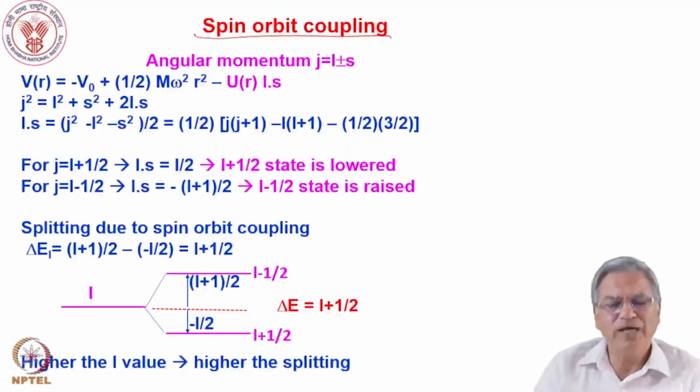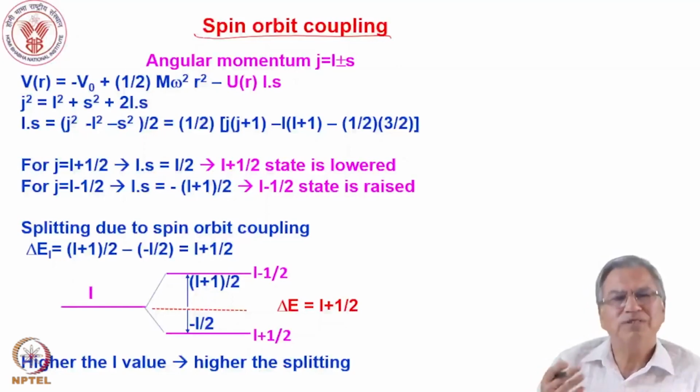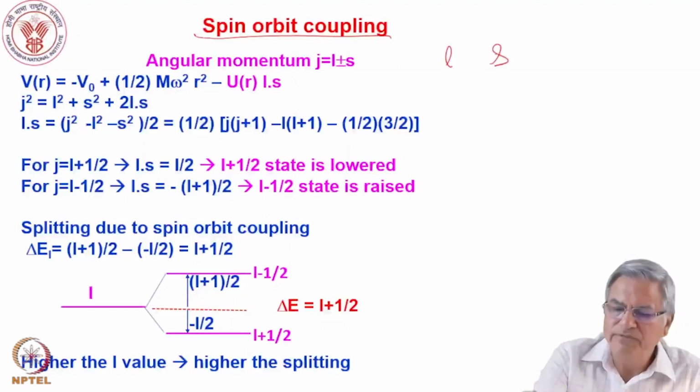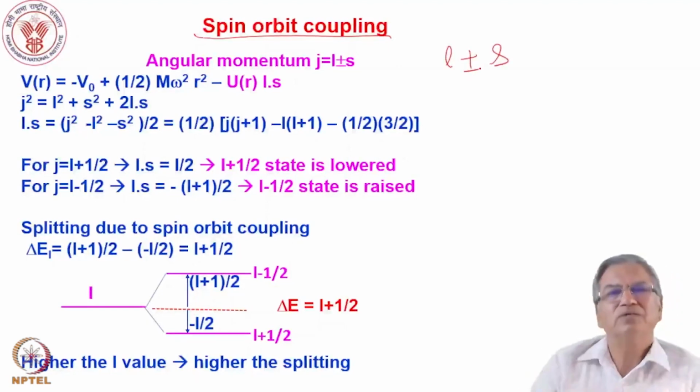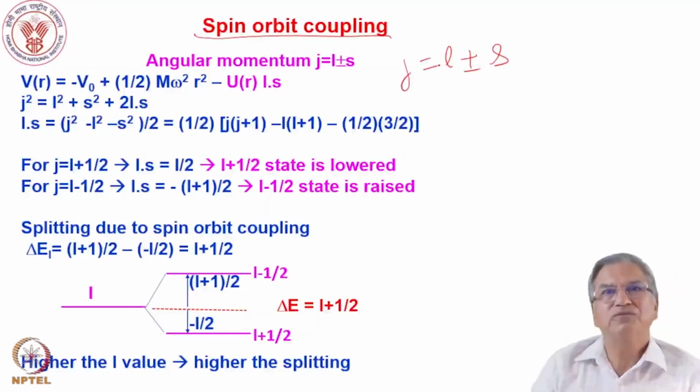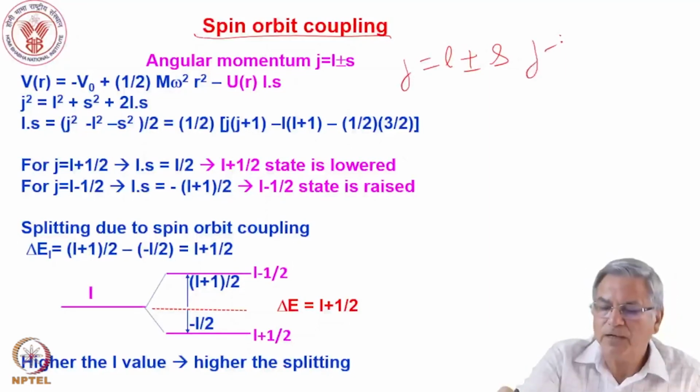In the case of nuclei, because the spin orbit coupling is very strong, the l and s of the individual nucleons combine to form what is called the j, and so this is called the jj coupling.